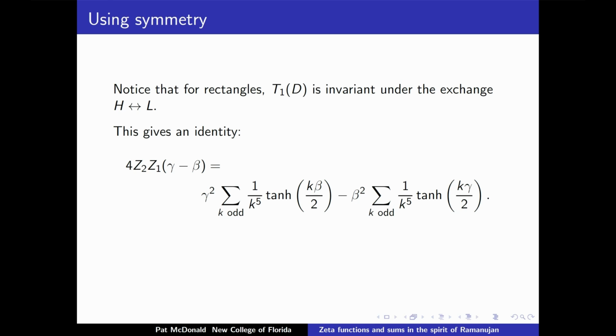So I get an identity. It turns out that this identity has a long and interesting history, right? The thing on the left is a product of special values of the zeta function, right?